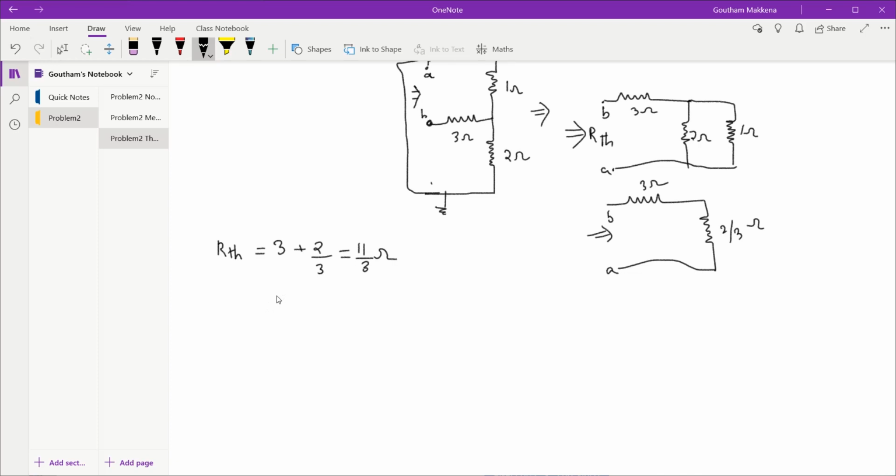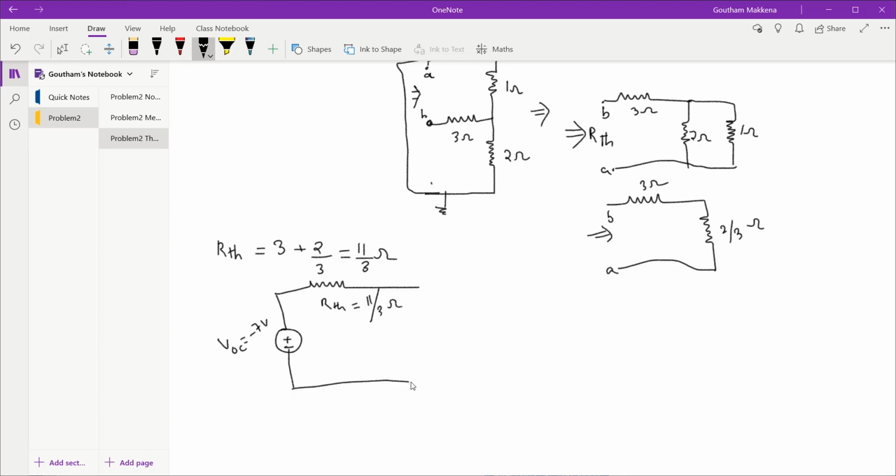Now I have both VTH and RTH. I'll redraw the circuit as VOC in series with RTH. So my VOC here is equal to minus 7 volts, and my RTH here is equal to 11 by 3 ohms.